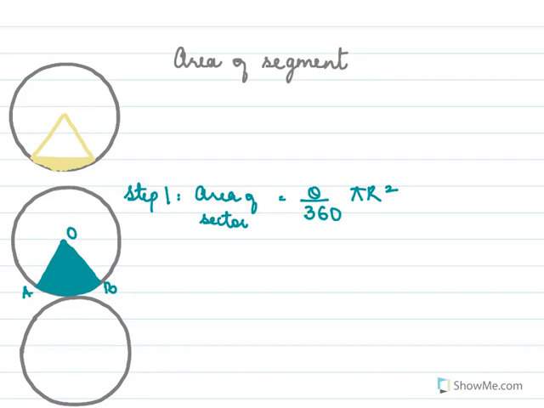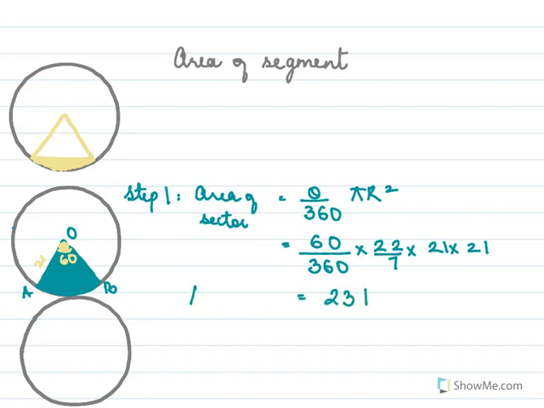This angle is 60 and the radius is 21. So 60 over 360, pi is 22 over 7, r square, 21 into 21. On working this out, you get 231, that is the area of the sector.